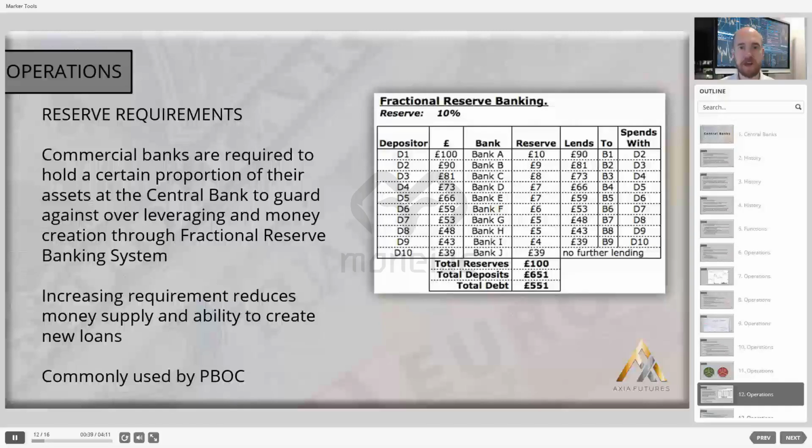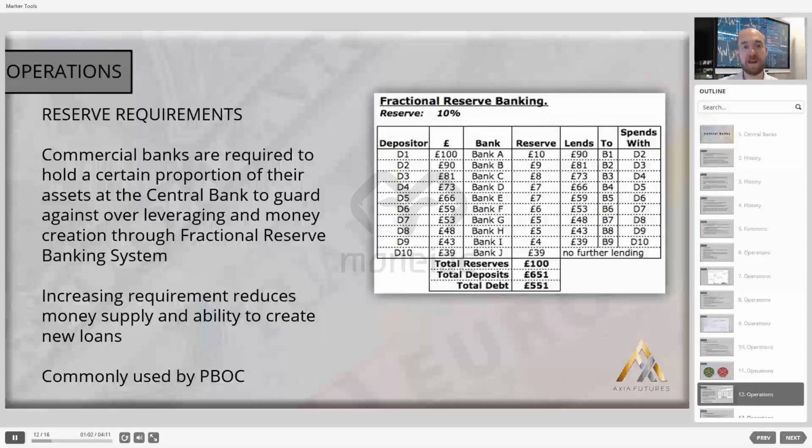Quick look at the table shows if someone deposits £100 at a bank, the bank then only needs to hold 10% of that at the central bank. They then lend out 90, so they've got an asset in the 90. They've deposited 10 at the central bank, so they've got assets that match their liability, being the deposit.